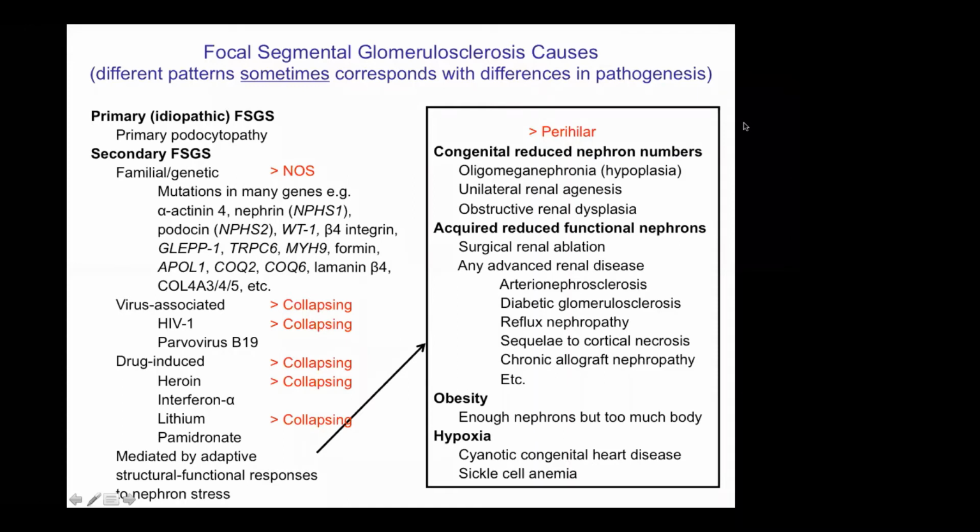او ان احنا عندنا acquired reduced functional nephrons. زي شنو؟ زي مثلا إن هذا الشخص عنده diabetic glomerulosclerosis أو عنده reflux nephropathy، صار إليه interstitial fibrosis and tubular atrophy وخسرنا nephrons. again this can put this person at risk of FSGS. إذا كان البرسن obese، يعني إذا هو كان عنده مولود بإنف نفرونز وما صار عنده reflux nephropathy، ولكن هو is an obese person.